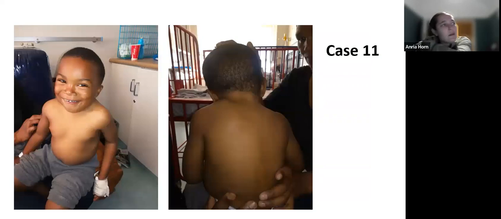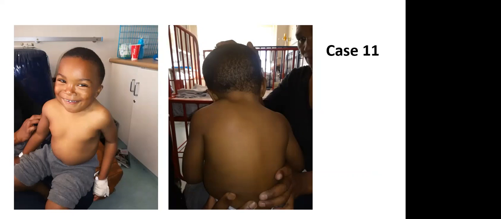Rimon, quickly, what do you see here and what's the diagnosis? Hi, Andrea. So it's clinical pictures of a pre-adolescent boy. On the left, he's got wide set eyes.